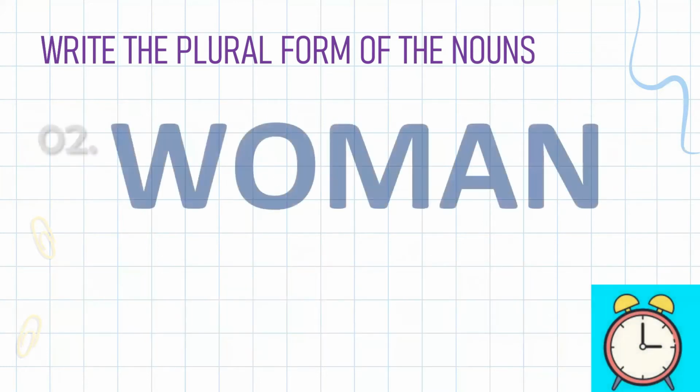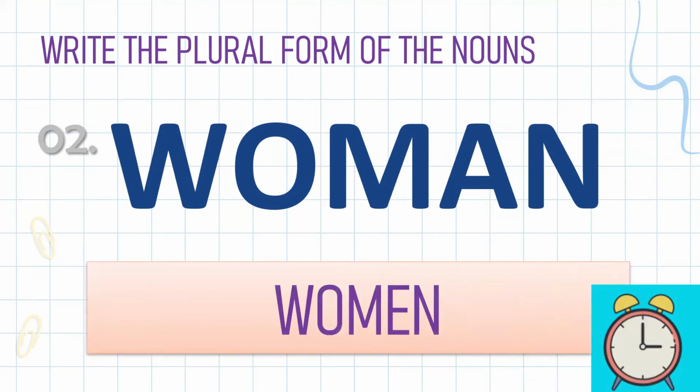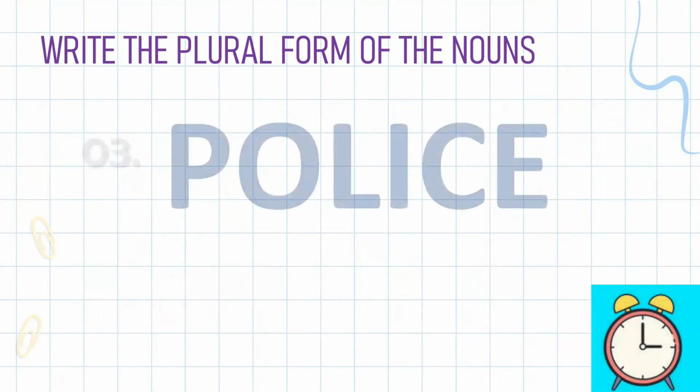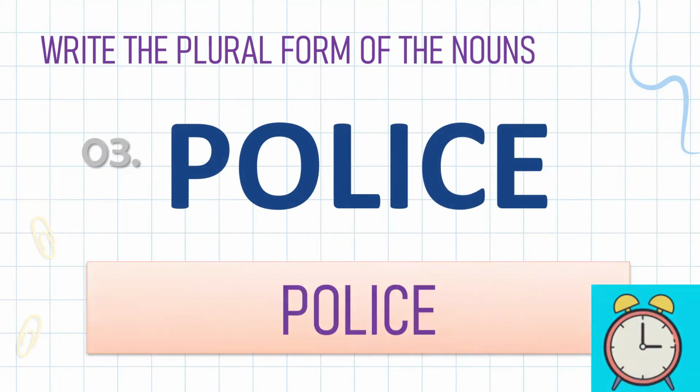Number 2. What is the plural form of the word woman? The correct answer is women. Next, number 3. Police. What is the plural of police? The correct answer is police.